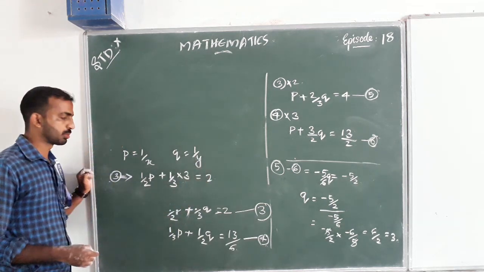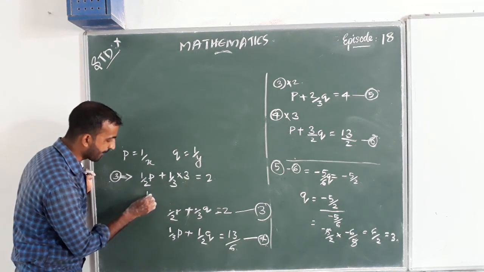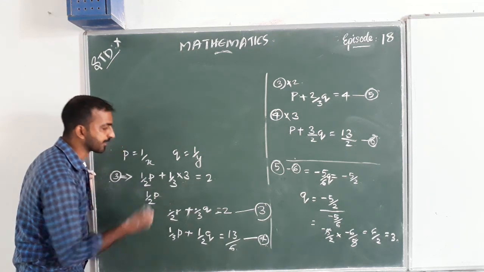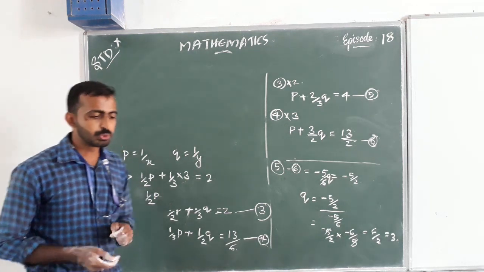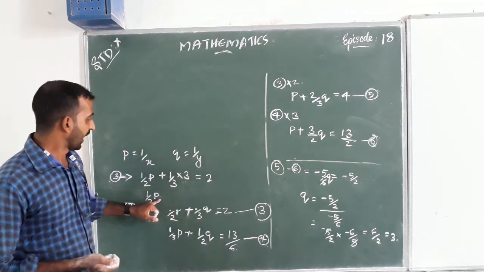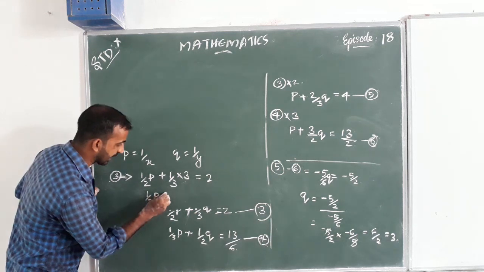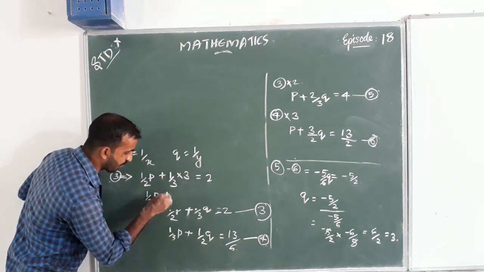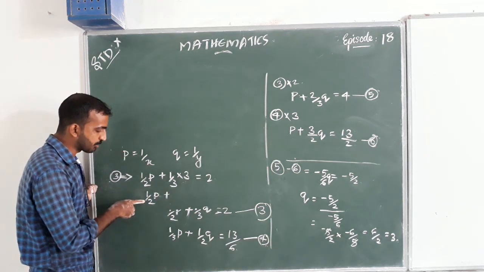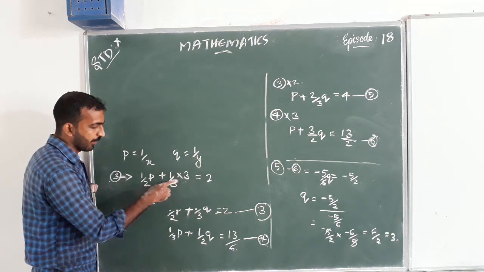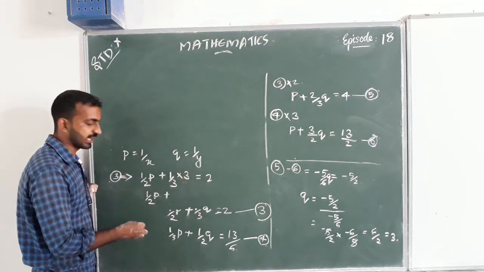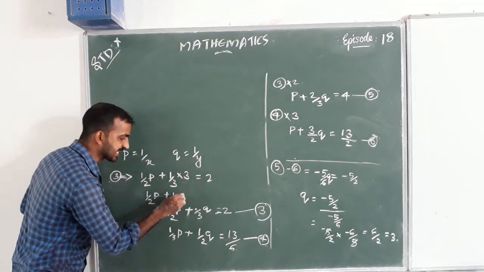That is 1 by 2P plus, when we simplify 3 and 3 we get 1, equal to 2.